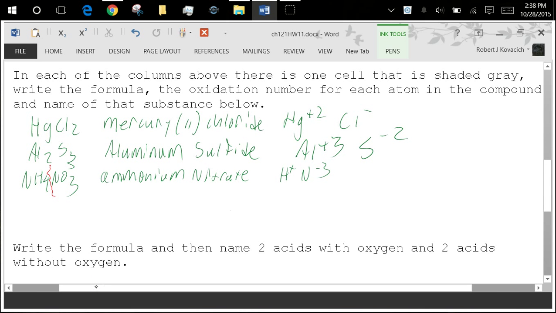So there's 4 hydrogens giving you +4 and a nitrogen giving you -3, and then the ammonium has a +1 left over. So that worked out. And then the oxygen is going to be a -2 charge, gives us a -6 with a leftover 1, and then the nitrogen is going to have a charge of +5. Are we okay with that?